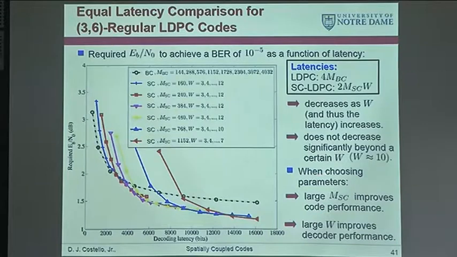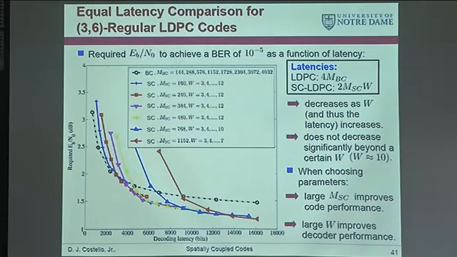Generally speaking, with spatial coupling, we have to choose a lifting factor and a window size, and as I said before, there's a trade-off. A large lifting factor, which is the size of the permutation matrices that we put into the protograph, really improves the code performance. It makes it a better code. A large W improves the decoder performance, because the size of the window relates to how well the decoder is going to be able to perform.